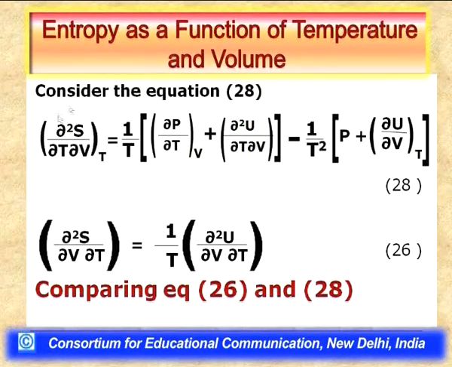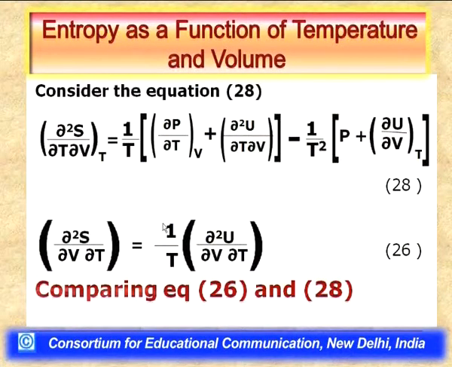So, ultimately what we get on the left hand side of the two expressions are second derivatives of entropy, but with different orders. In one, the entropy is differentiated first with respect to volume, then with respect to temperature, and in the other, the entropy function is differentiated first with respect to temperature and then with respect to volume. So, we get these two equations, 28 and 26, which we can compare.